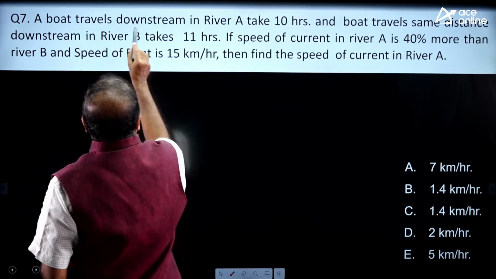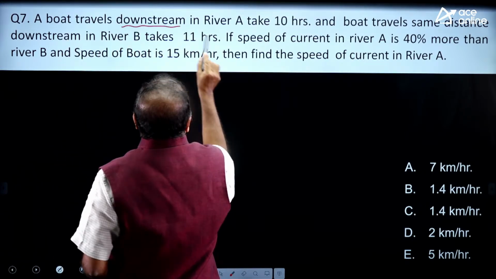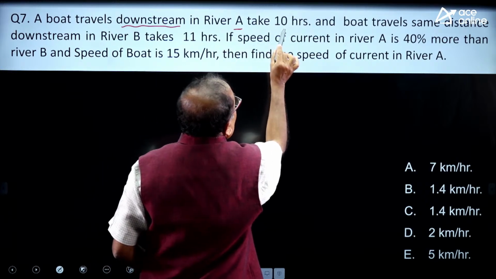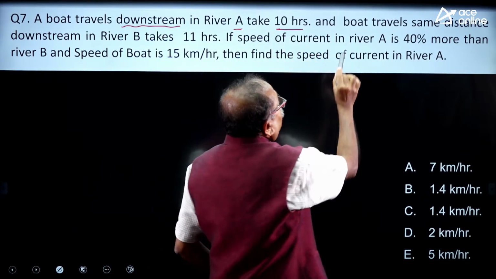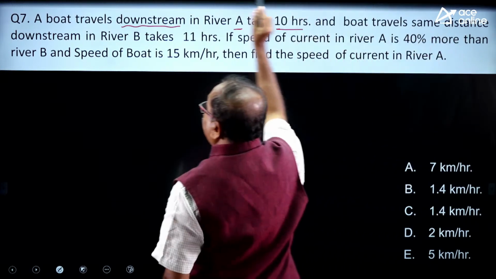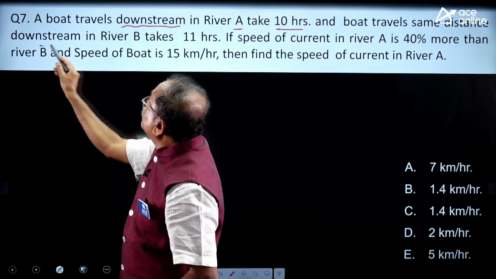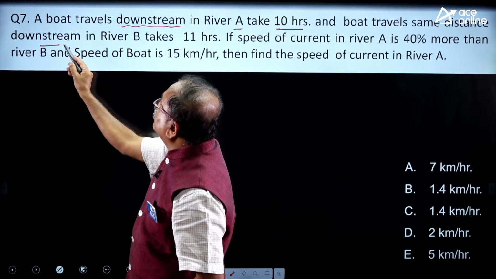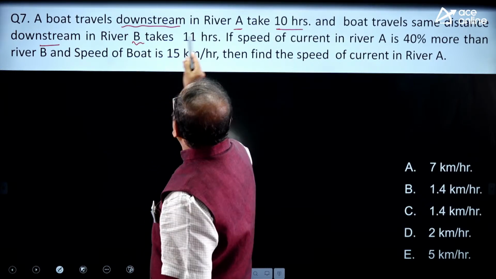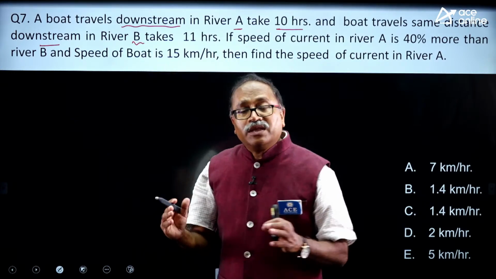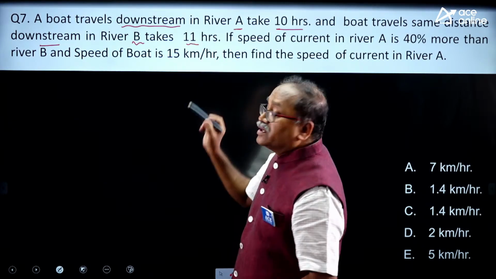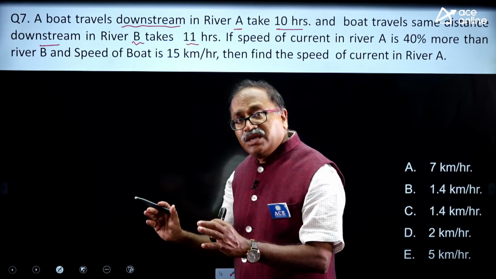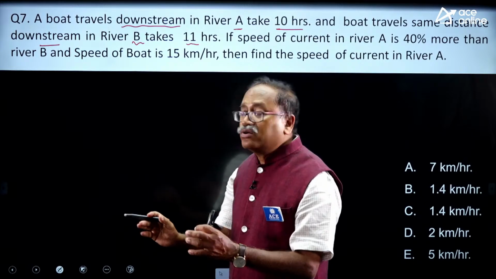A boat traveling downstream in river A takes 10 hours, and the boat travels the same distance downstream, here also downstream, in river B. Here it is river A, in the second case it's river B. In this case it takes 11 hours, same distance, same direction, that is downstream.